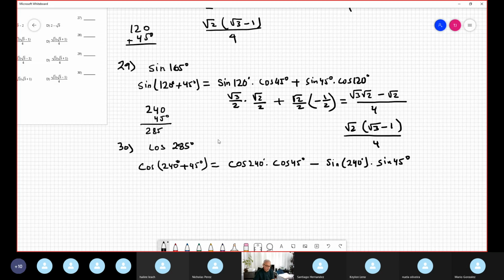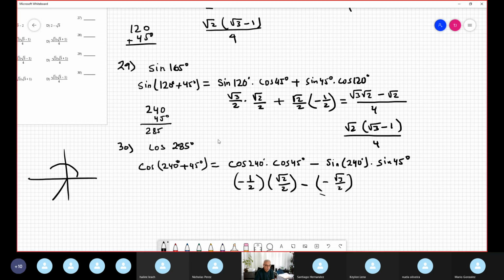Okay, remember that 240 lies in the third quadrant. In this case, cosine and sine are negative. Cosine is negative 1/2, times the famous radical 2 over 2, minus sine 240, which is negative radical 3 over 2, because 240 is related with 60 degree, which is the reference angle. 240 lies here, approximately, and the reference angle is 60.